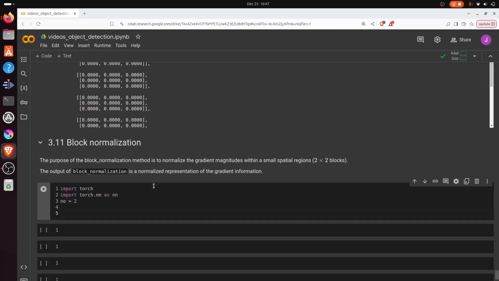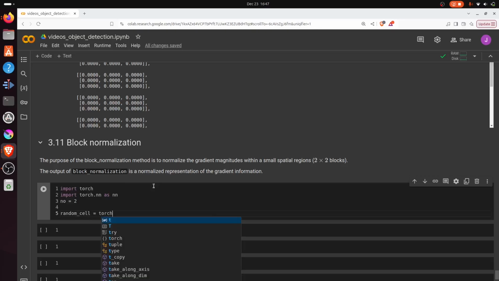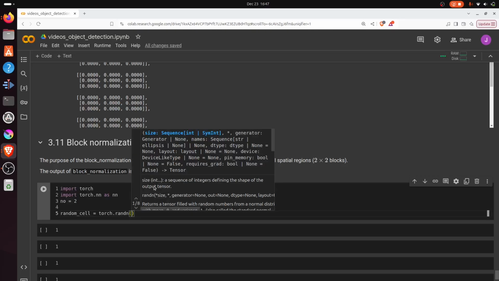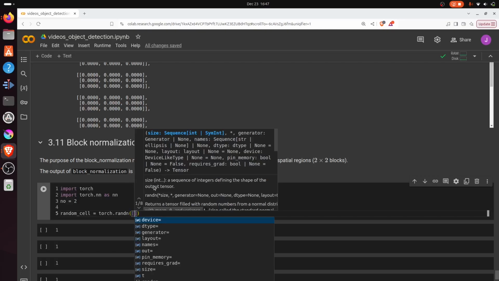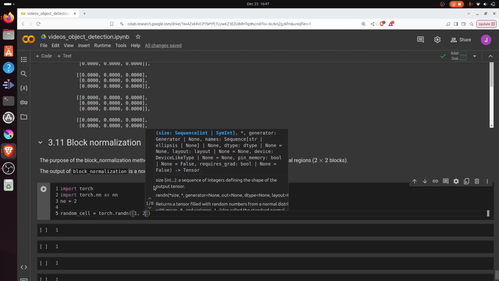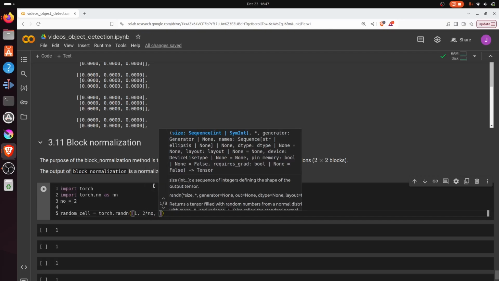Just to get started, let's create a random tensor with the appropriate shape. Let me call this tensor random cell, and let's create it. We're going to have a tensor of the following shape: just one input channel, then as output channels 2 times the number of orientations, because remember that for now we are dealing with both positive and negative oriented gradients, since we're coming out of the angular binning.